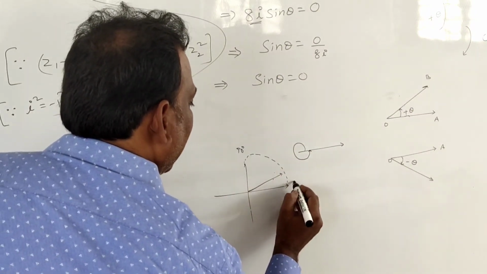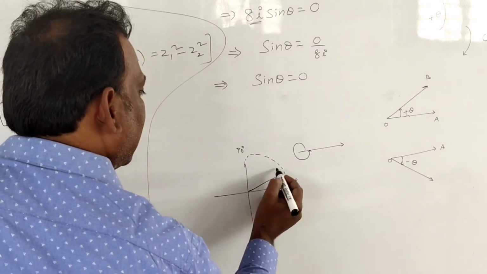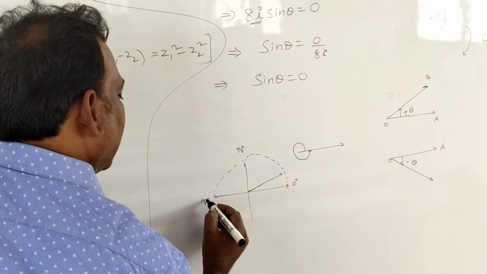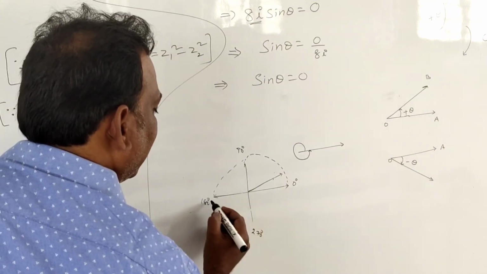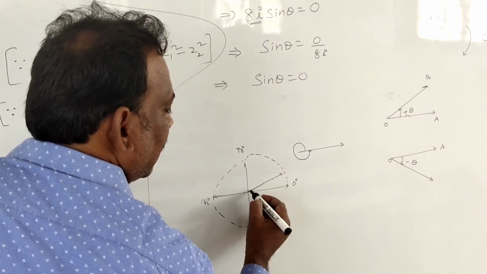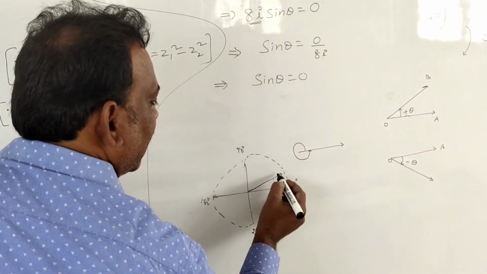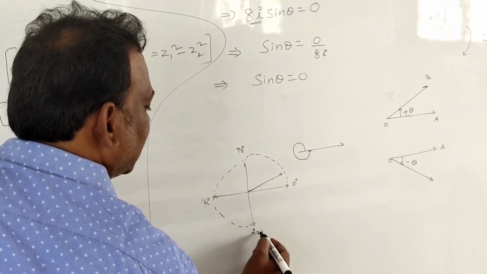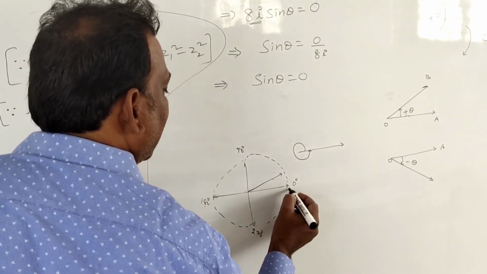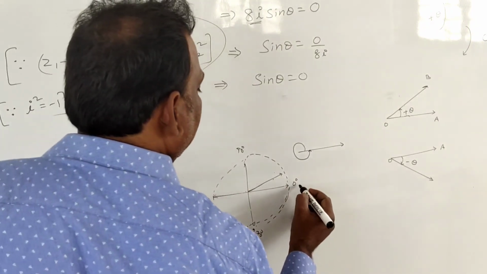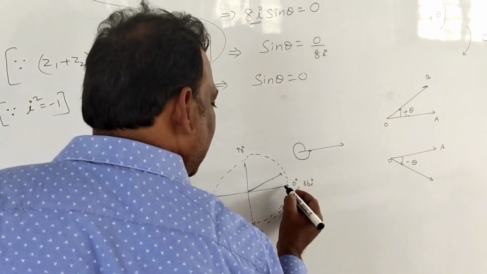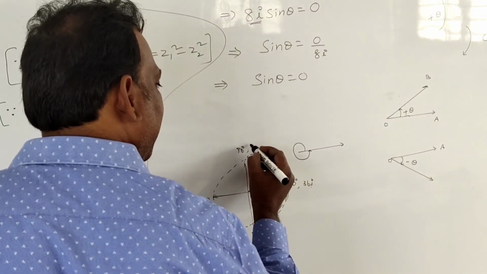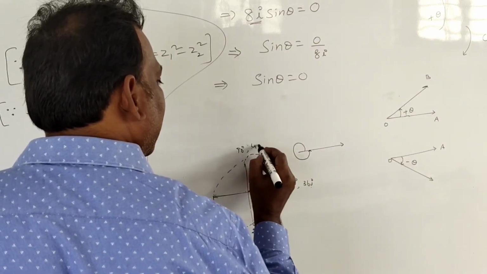Then it overlaps here at 180, then 270, and then coincides here at 360. Then it starts again, and you get 360 plus 90, 450.